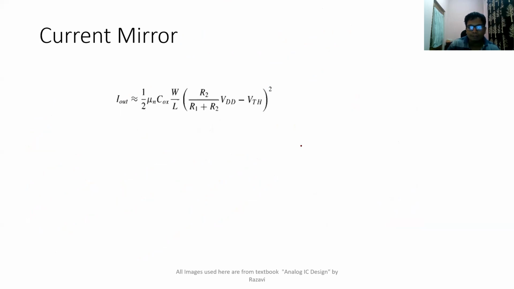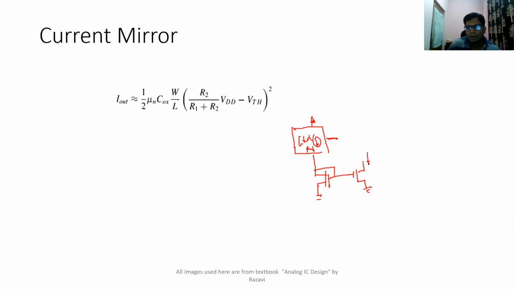You have a golden reference, and we simply place a transistor like this and another transistor like this.